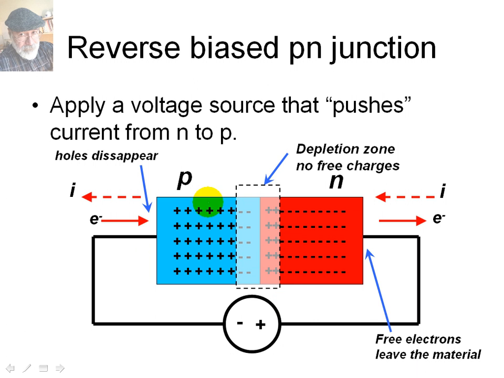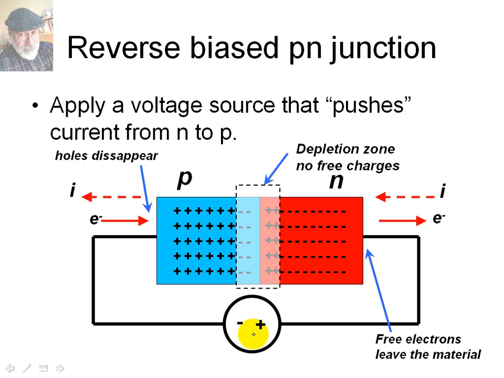Negative on the P side and positive on the N side. What happens then is that those stationary charges there will counter the external V source and will stop the flow of carriers. In fact, will cut the current.